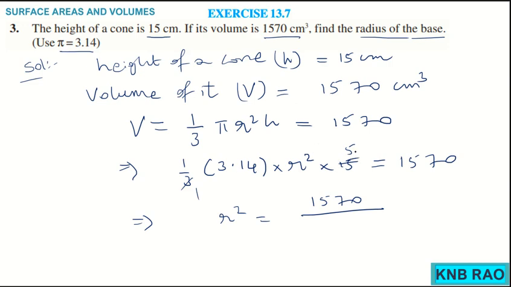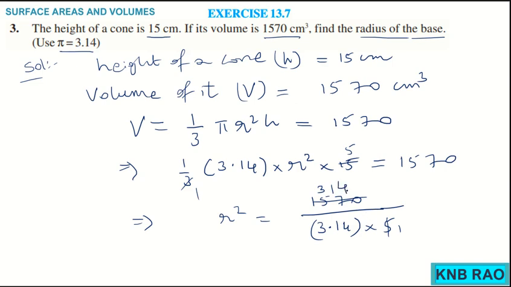3.14 into 5 will go to the other side, and they will come and do division. Now 5 ones are 5, 5 threes are 15. Next 5 ones are 5, the 2 comes here, 20, 4 fives are 20.